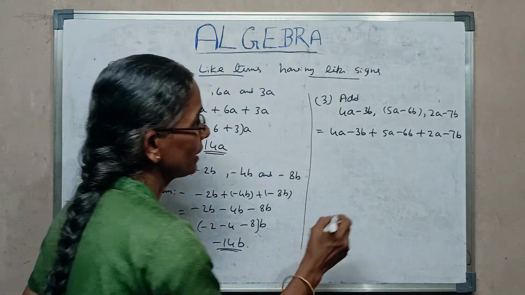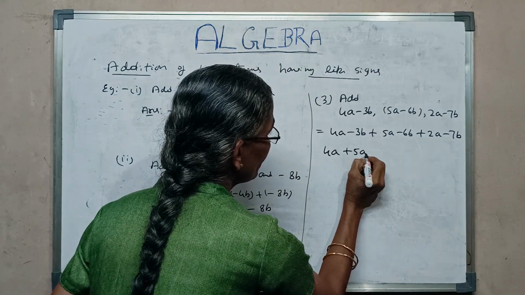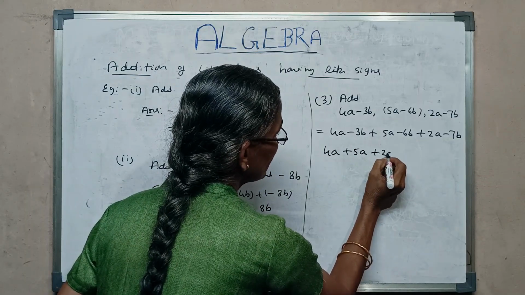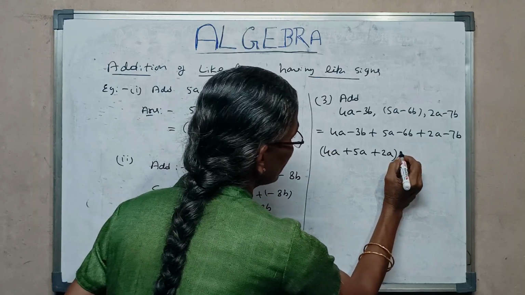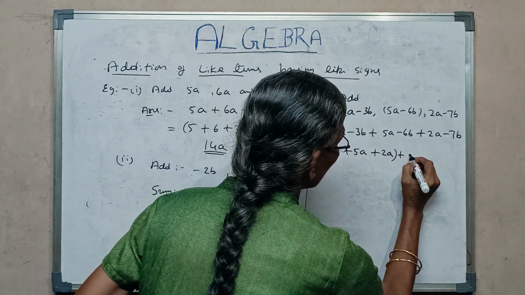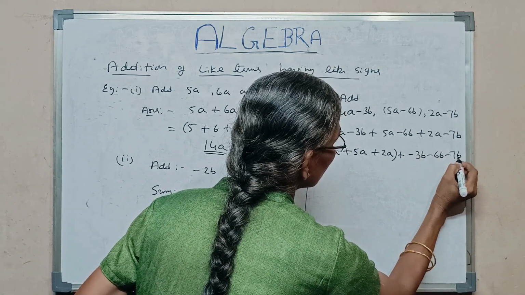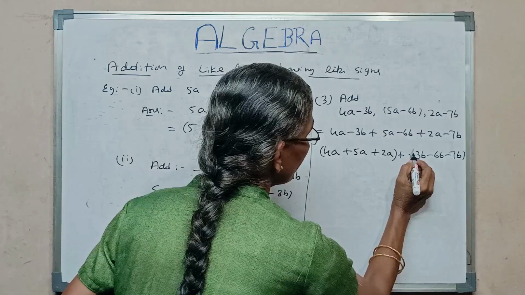We have to separate these terms. 4a plus 5a plus 2a, and next the b terms: minus 3b, minus 6b, minus 7b.